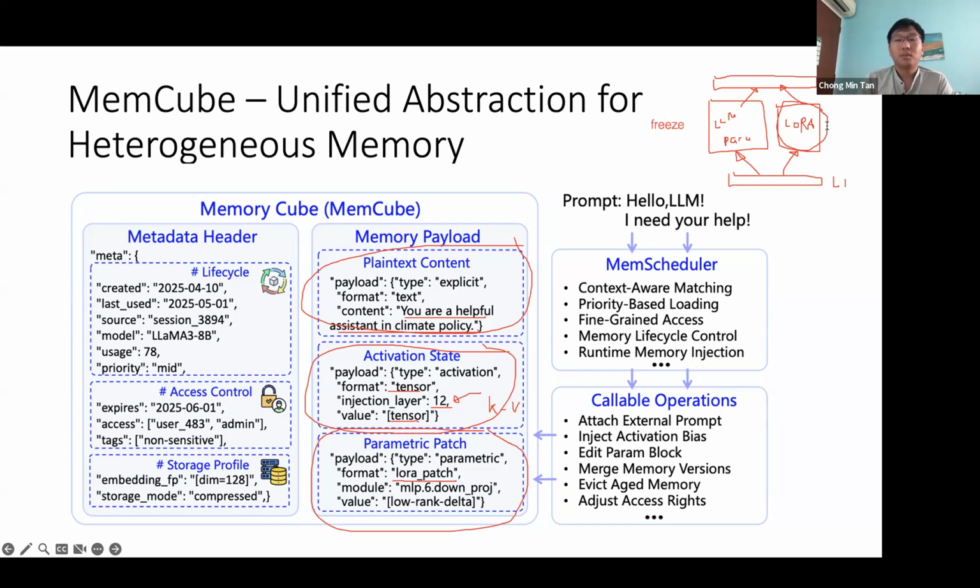So, to me, I actually don't like LoRa because I find LoRa, as with the explicit memory and implicit memory, kind of confusion. LoRa can cause confusion also because if your LoRa is quite different from your main LM parameters, your output will be confused. So I don't really like LoRa, but I can understand why they use the LoRa patch, because how else are you going to say, hey, change the LM parameters this way?